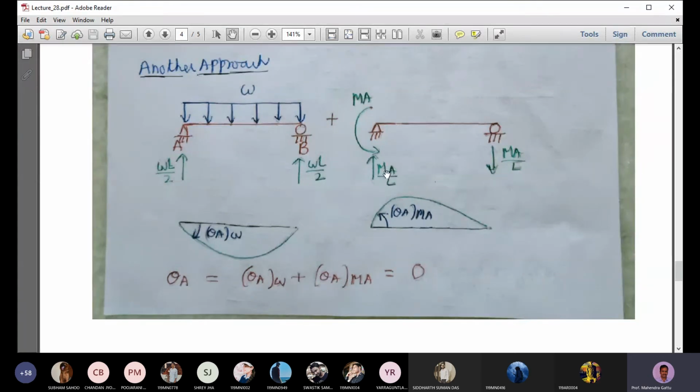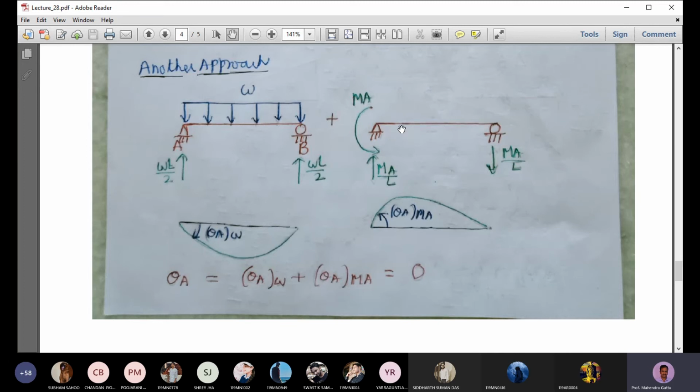So sigma Fy is 0, force equilibrium in the vertical direction. If this is acting in the upward direction, here the force will act in the downward direction, and both will be of equal magnitude. So MA by L and here also MA by L. And then we can draw our bending moment diagram. What we can do, we can cut a section here and do the analysis.